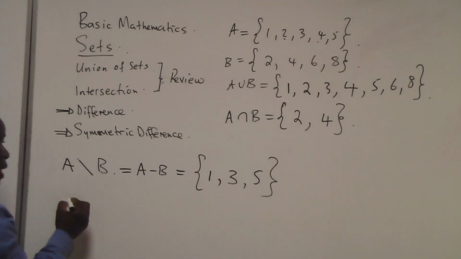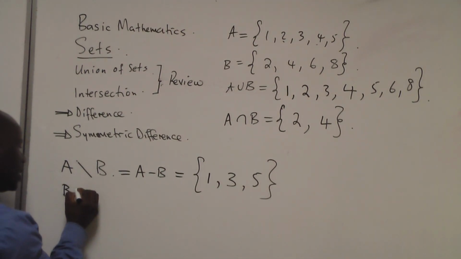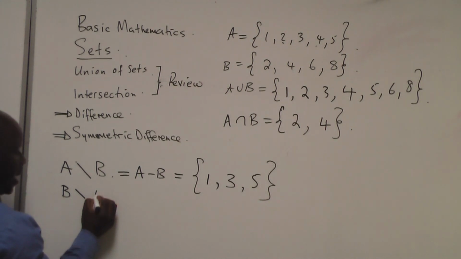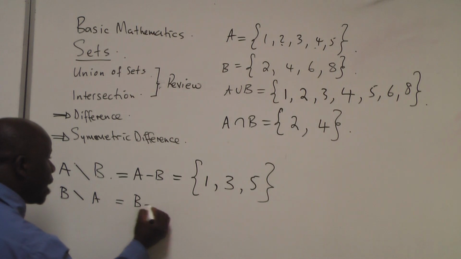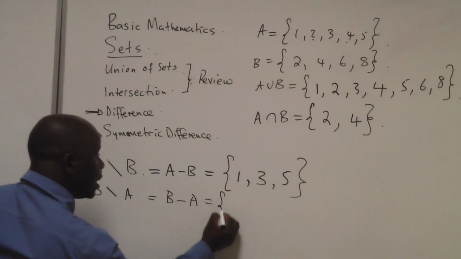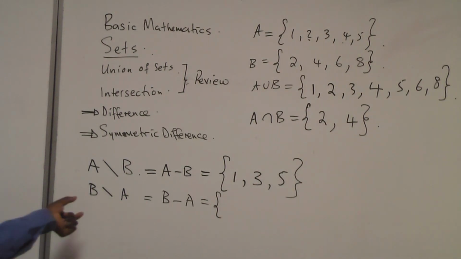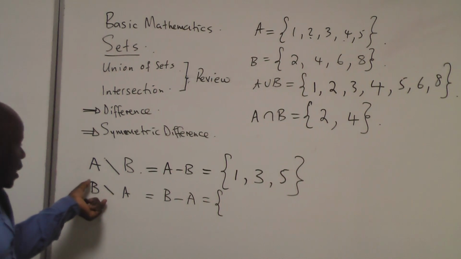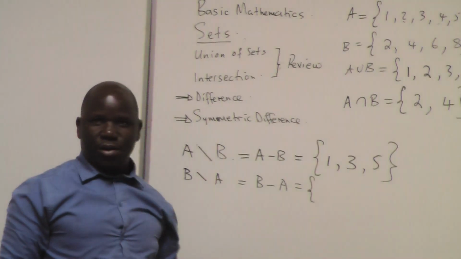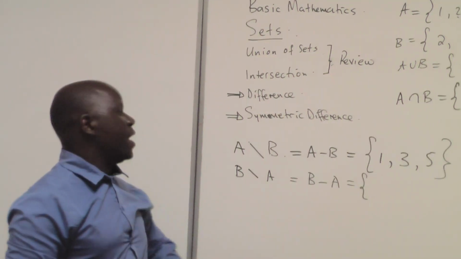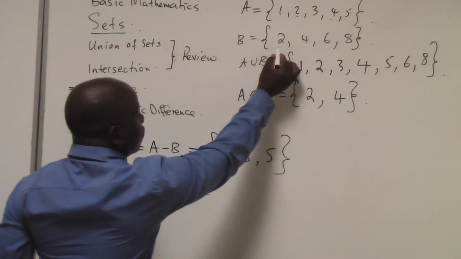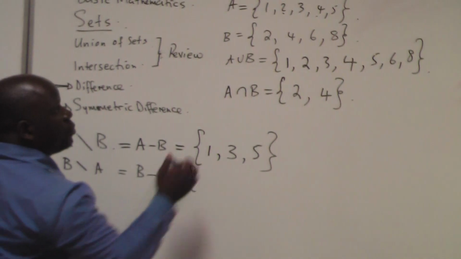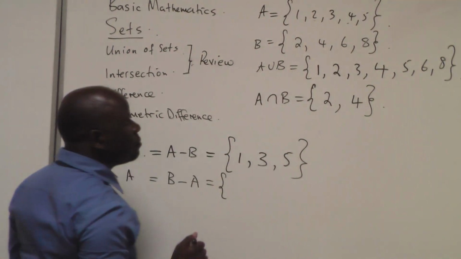Now, what is B difference A? This is the same as B minus A. So in this case now we are looking at all elements in B excluding those that are in A. So we cannot put 2 because it is here.